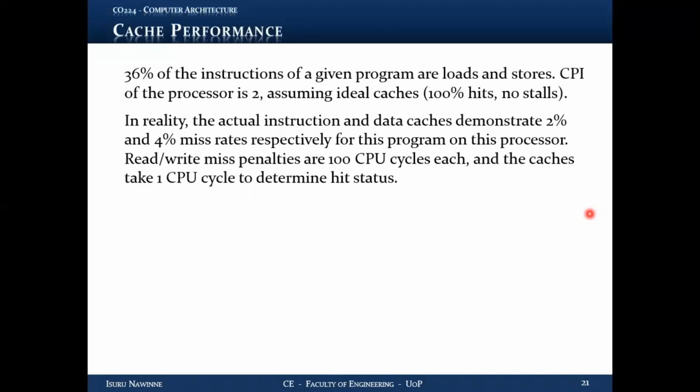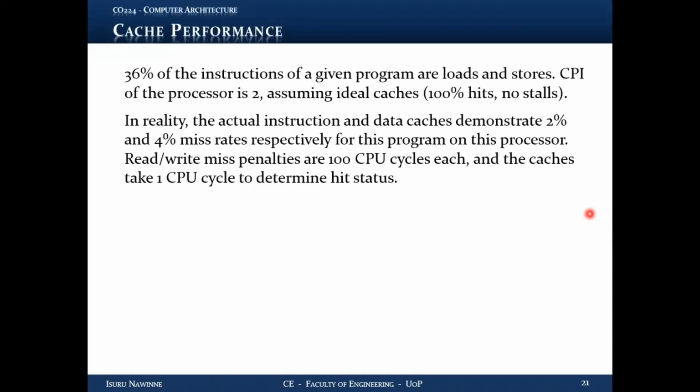So the CPI, the cycles per instruction of the processor, is 2 if we can assume the caches are ideal. That is, 100% of the accesses are going to be hits in the cache. That means the CPU doesn't have to be stalled at all due to any cache misses.